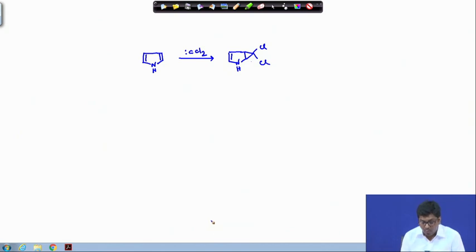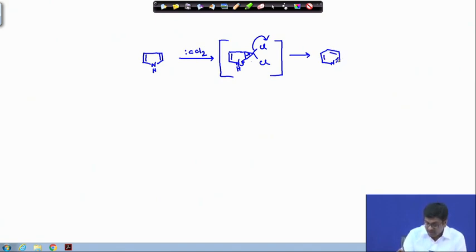Okay. Once this has formed, then the ring will open and eventually the expansion of this 5-member ring to the 6-member ring will happen to provide another 6-member nitrogen containing heterocycle, that is called the pyridine derivative.